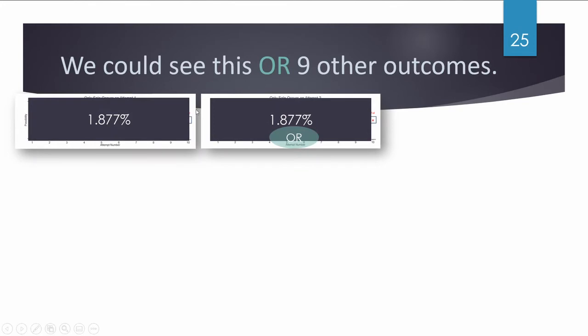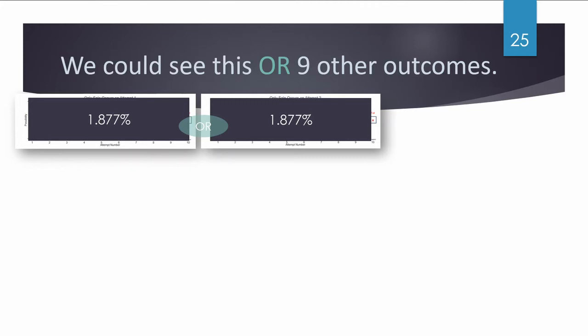So we could observe a sale on the first one and 9 consecutive failures, and there is a 1.877% chance of that. Or we could observe a sale on the second attempt with a first failure and then 8 more failures after that.